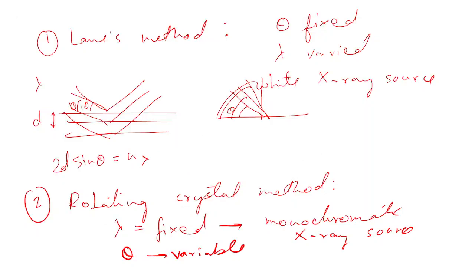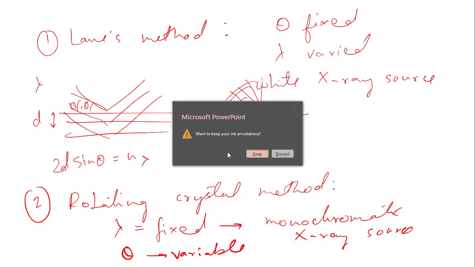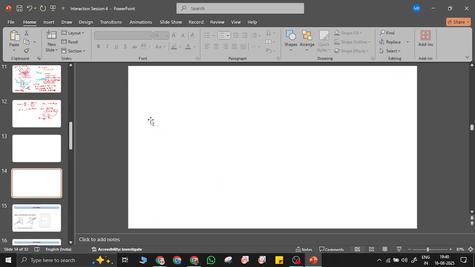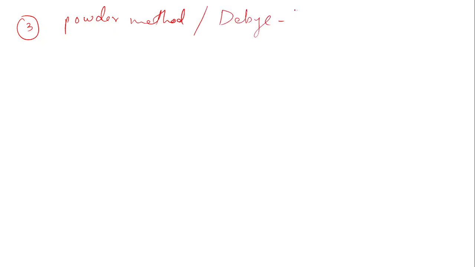And the third way is the powder method. It's also called the Debye-Scherrer method because these scientists gave this method for the first time, so it's also called by their names.